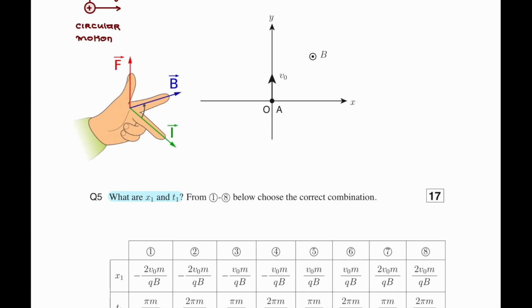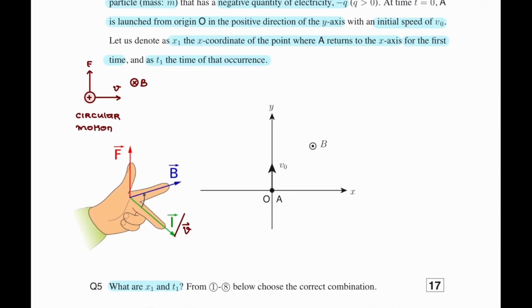I will write down I here, which can be thought of as V, the velocity. If you use Fleming's left hand rule in this case, you apply it to this diagram. B is out of the page, and V is going upward.